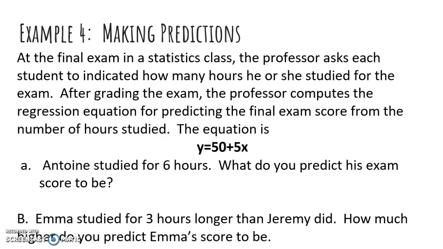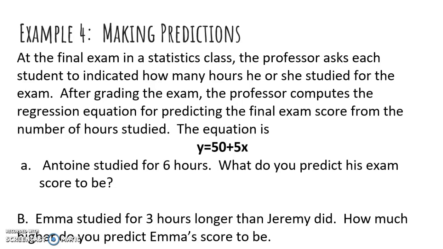Okay, example 4, making predictions. At the final exam in a statistics class, the professor asks each student to indicate how many hours he or she studied for the exam. After grading the exam, the professor computes the regression equation for predicting the final exam score from the number of hours studied.